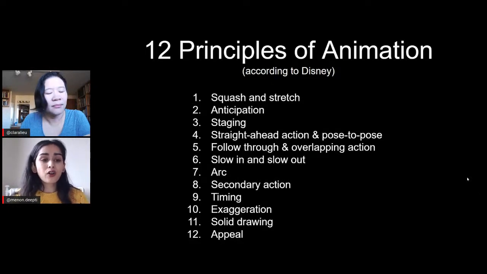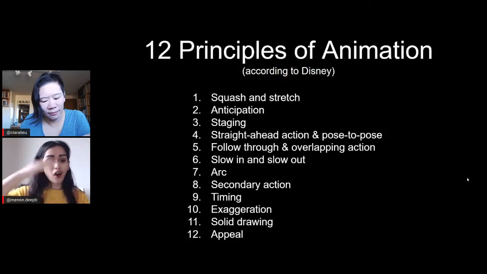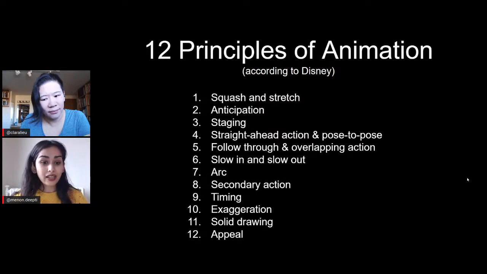But they're a great way of just understanding what goes into animating, because all of them really go into why knowing about your arcs, number 7, is important for when there's a character or there's movement. What is appeal? What is staging? And all of those things are sometimes things that you don't think about when you're creating a character or a world. But going through them, I think it's actually really helpful.